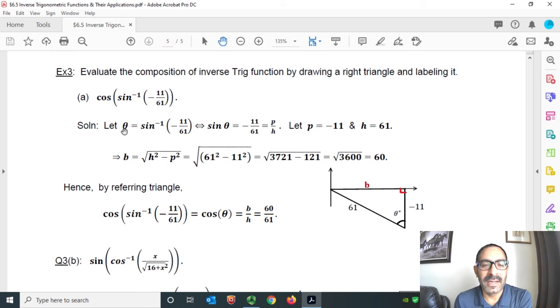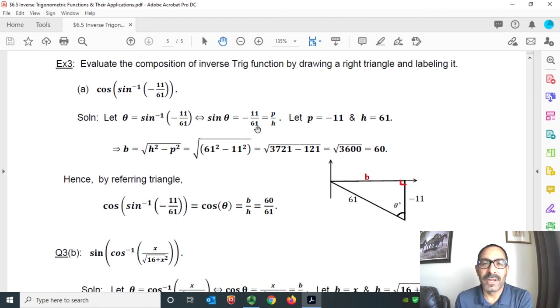So let theta equal sine inverse of -11/61. Then multiply both sides by the sine function. This is equivalent to sine theta equals -11/61. And we know in a right triangle, the sine function is the ratio of perpendicular over hypotenuse.